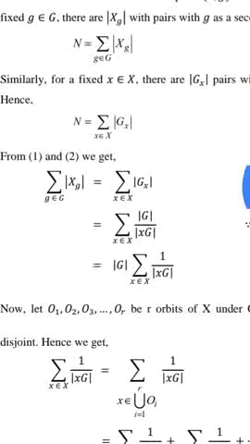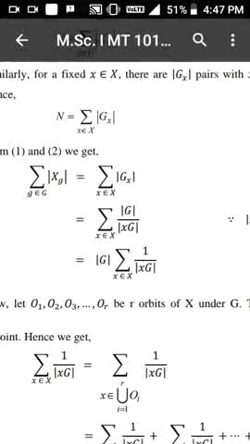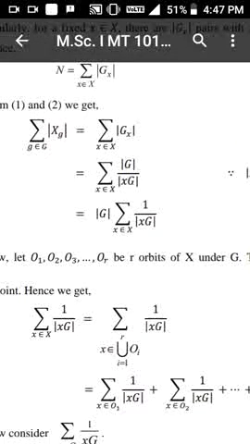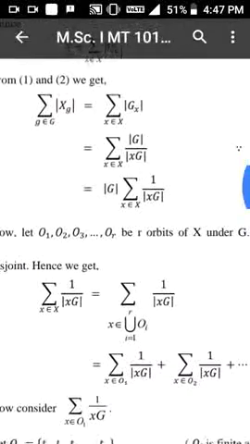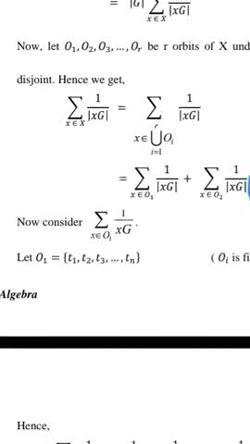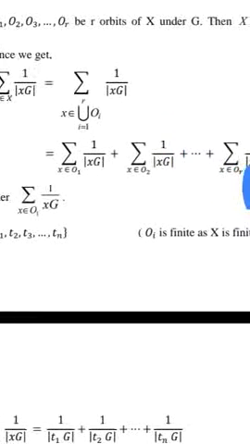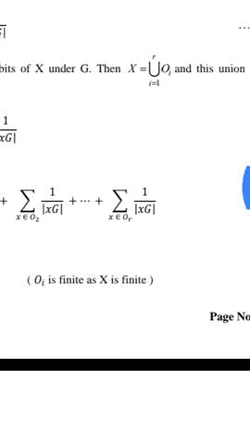From these two conditions, the summation of |X_g| is equal to the summation of |G_x|, which is equal to the summation of |G| divided by |O_x|, which is |G| times the summation of 1 divided by |O_x| for x belonging to X. Now let O1, O2, ..., Or be the r orbits of X under G. Then X is equal to the union of O_i, i equal to 1 to r.